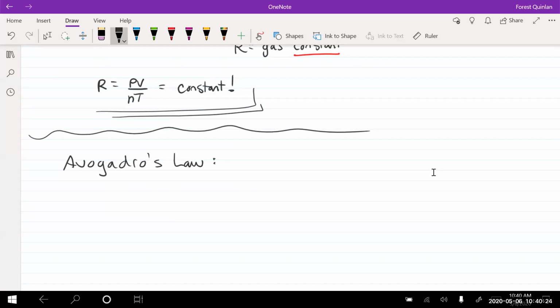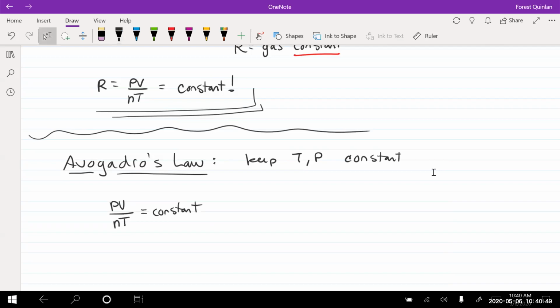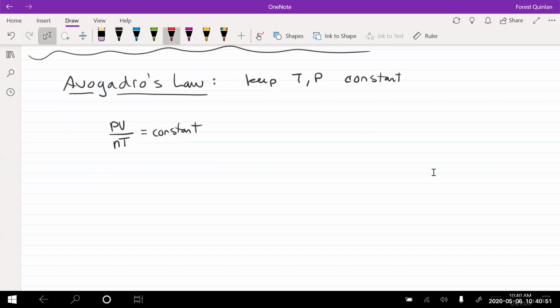What he's going to do is he's going to take a gas and he's going to keep the temperature and the pressure constant. And so I just want to point out, if we have this PV over nT is equal to a constant, and if T and P are also constant, then I can actually move all of them over to the constant side.